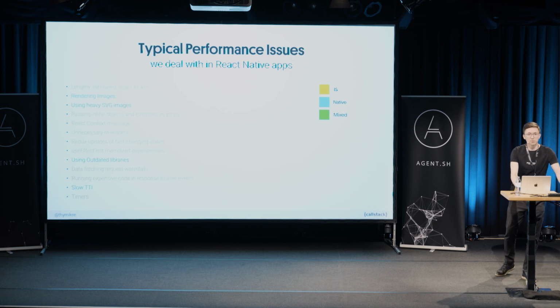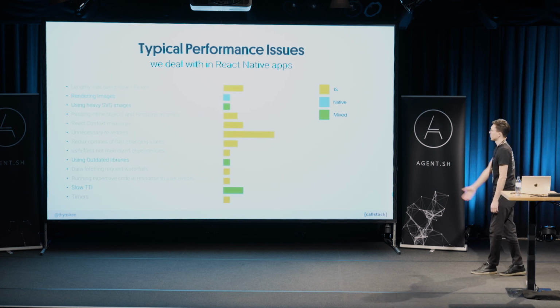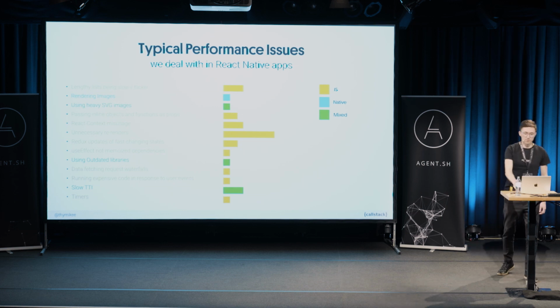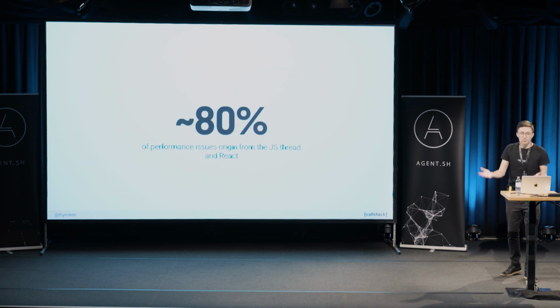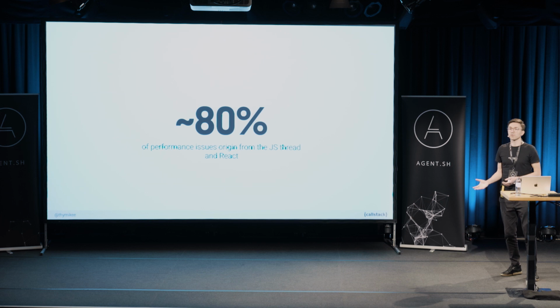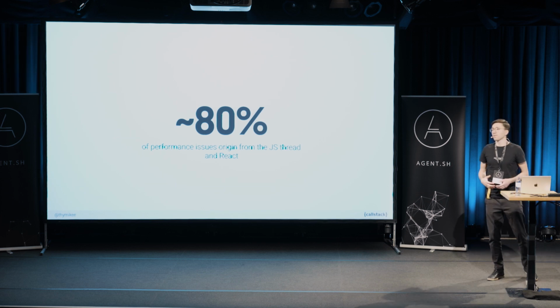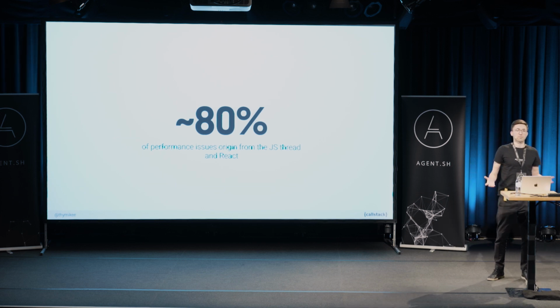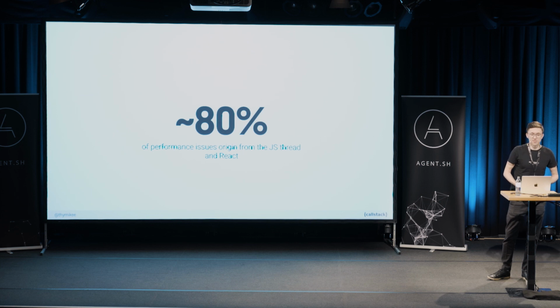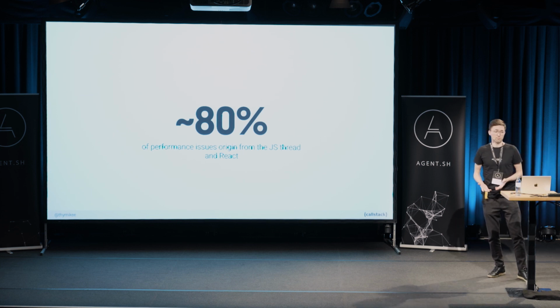But what about the frequency of the answers that I got from my peers? Still, mostly JavaScript. So 80% of the time our developers spend fixing performance bugs is spent in JavaScript realm.